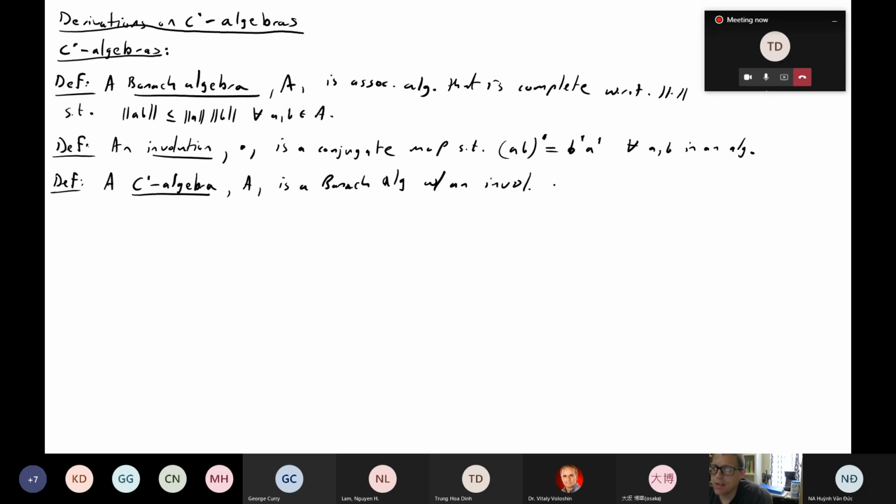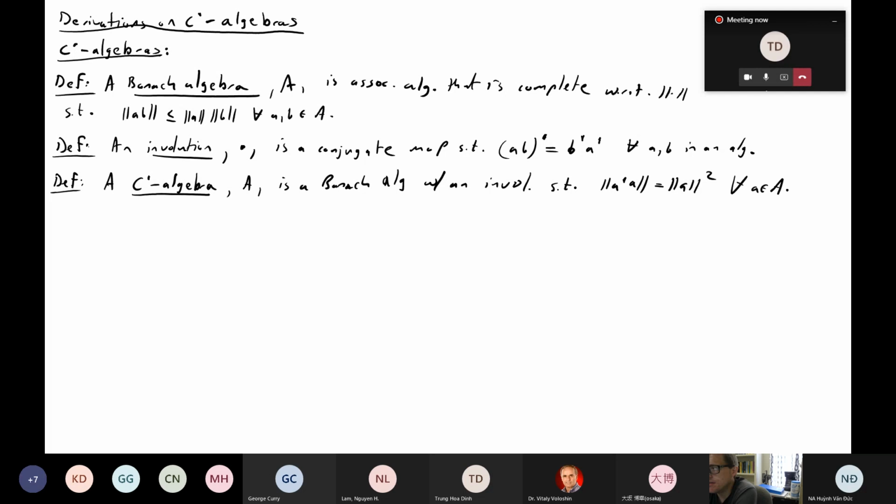In particular, the involution satisfies a really remarkable property: if I take A*A and take the norm, this is the same as the norm of A squared, for any A in the algebra. And in fact, by having this property, you can deduce that the norm of A and the norm of A* are the same.